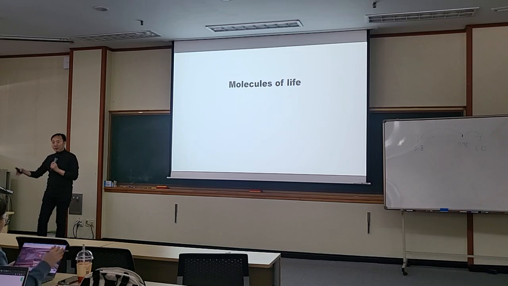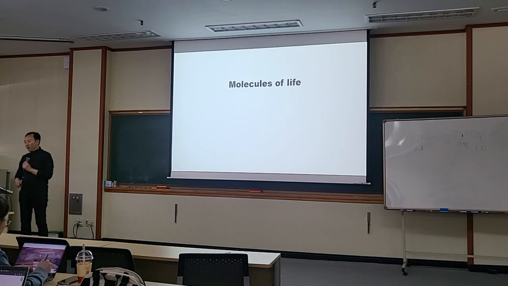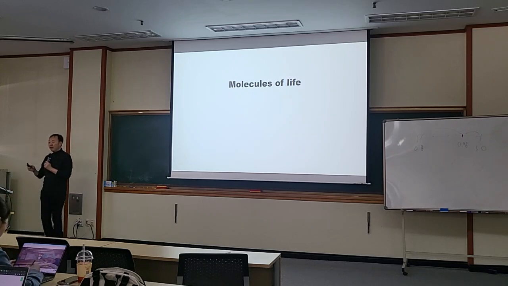This is the experiment about the Hershey and Chase experiment, right? To determine which one is the genetic material. Which is the information in a gene? For lipid, for protein, for DNA, for carbohydrate.